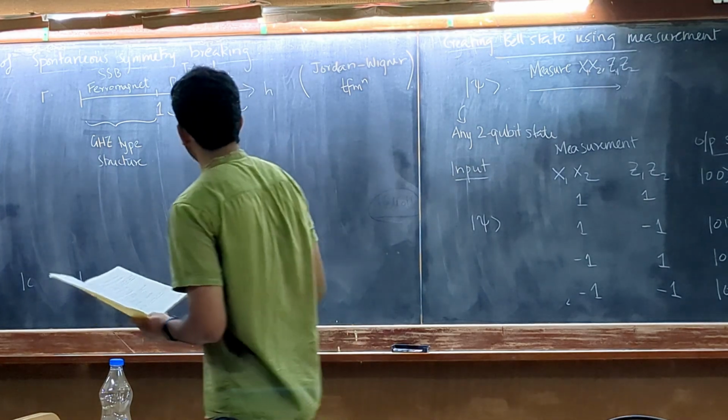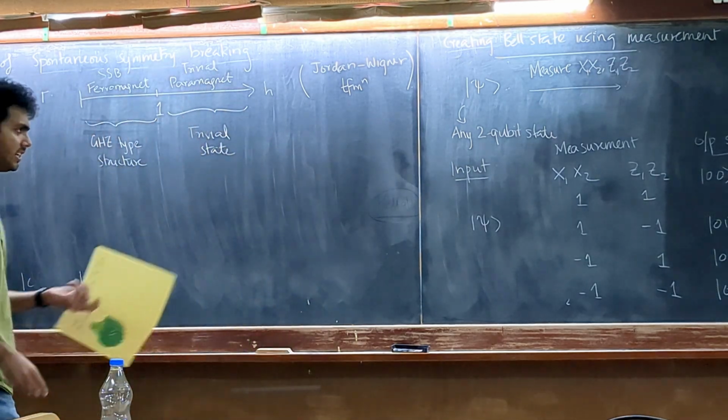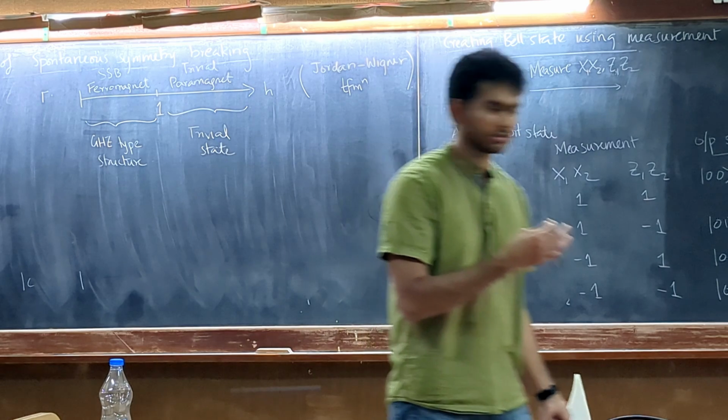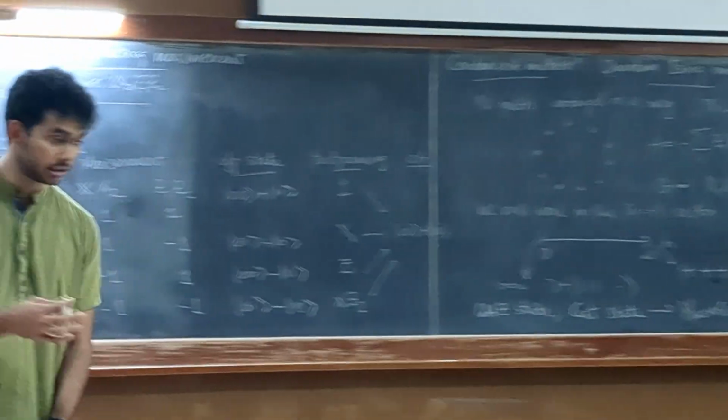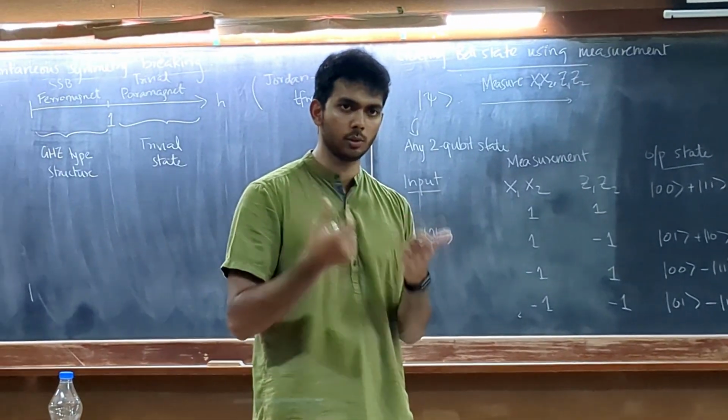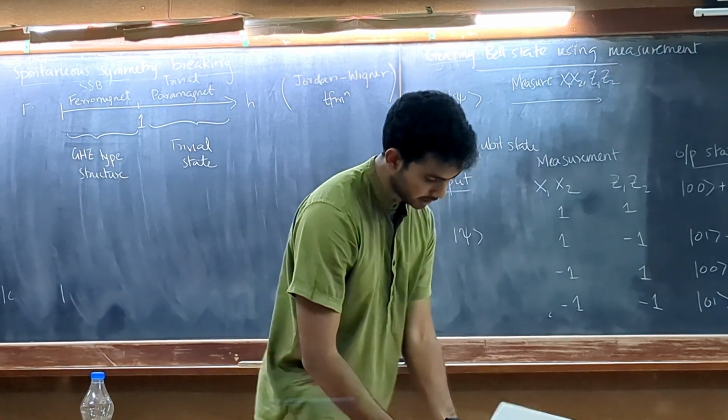So then I want to ask the following question. The GHZ state looks slightly special. It's not as simple as a product state, it's a sum of two very different product states. Can we create this state starting from a product state and using local unitary gates? So I'll write that down.